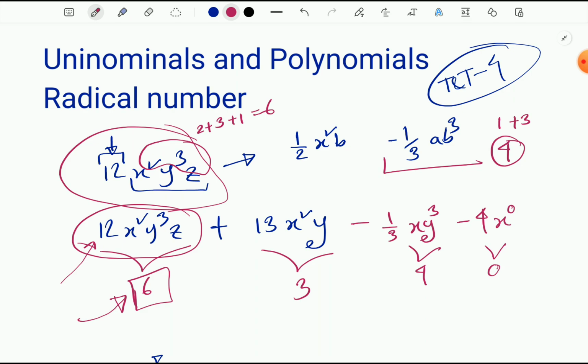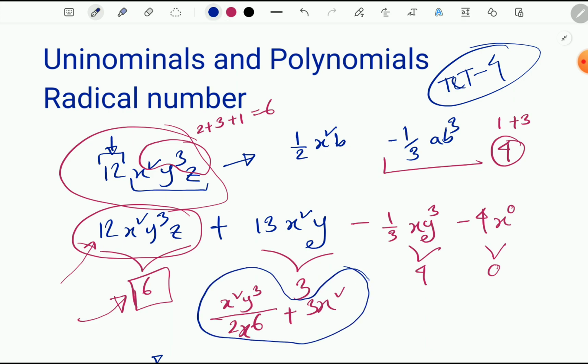Those are simple, but sometimes in the exam they make a more complex problem, like they'll write an equation like this: x square y cube, 2x^6 plus 3x square equal to 0. I have written an equation. However, let's consider only the polynomial. What would be the degree of this polynomial? Here the degrees are 2, 3, 5, and here is 6.